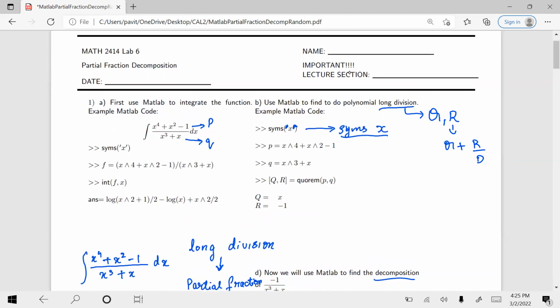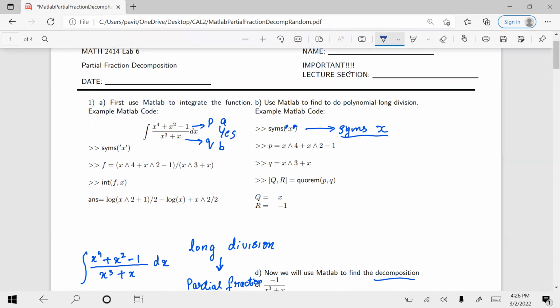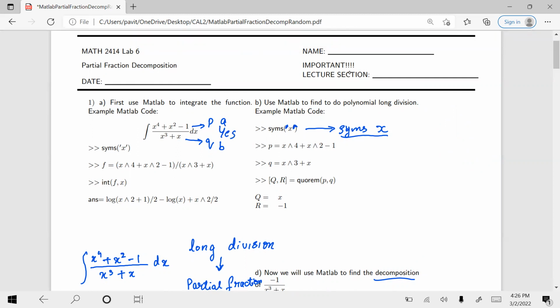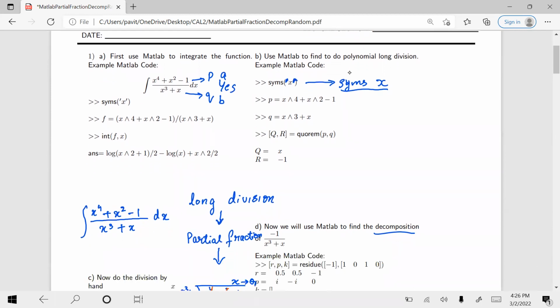Now we need to get Q and R. So instead of taking the whole thing as some function f, I have to take numerator as P and denominator as Q. Can you take numerator as A and denominator as B? Yes. No matter what notation you are giving, but make sure that you enter it separately.